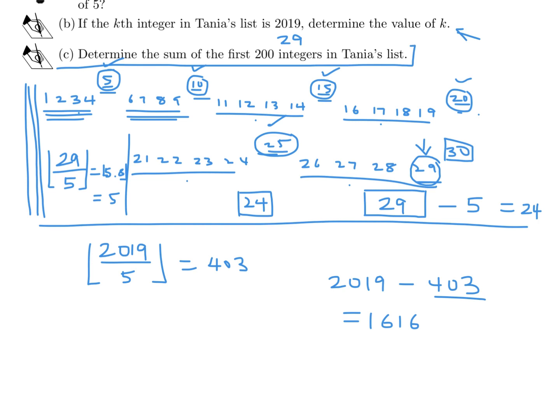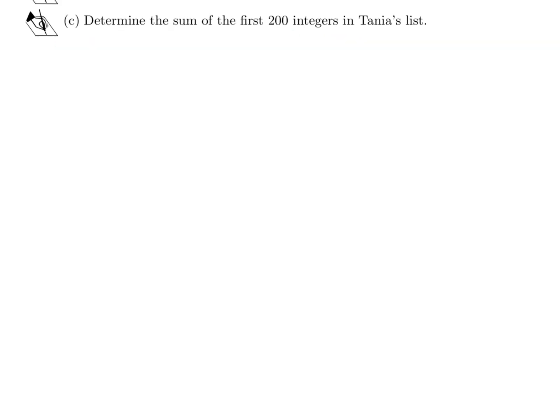And this guy here: determine the sum of the first 200 integers in Tania's list. Let's start off with a simple example and see if we can make this question a little bit easier.